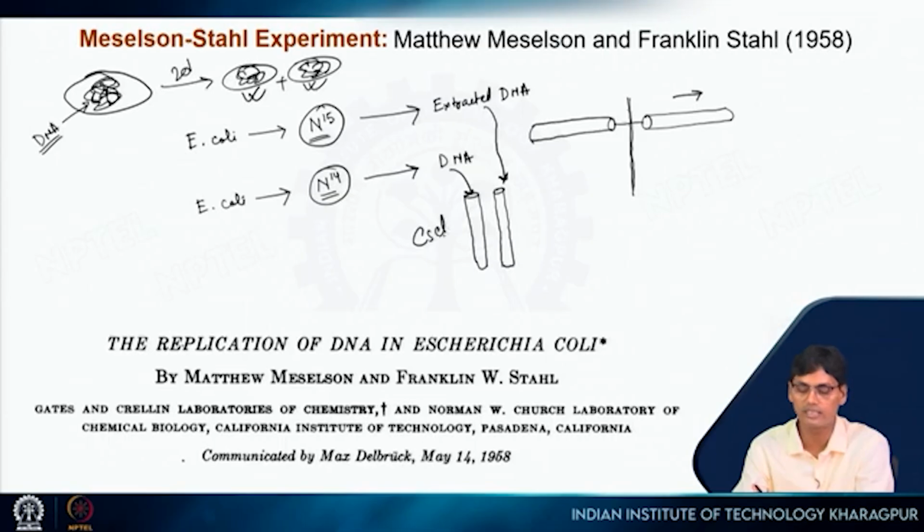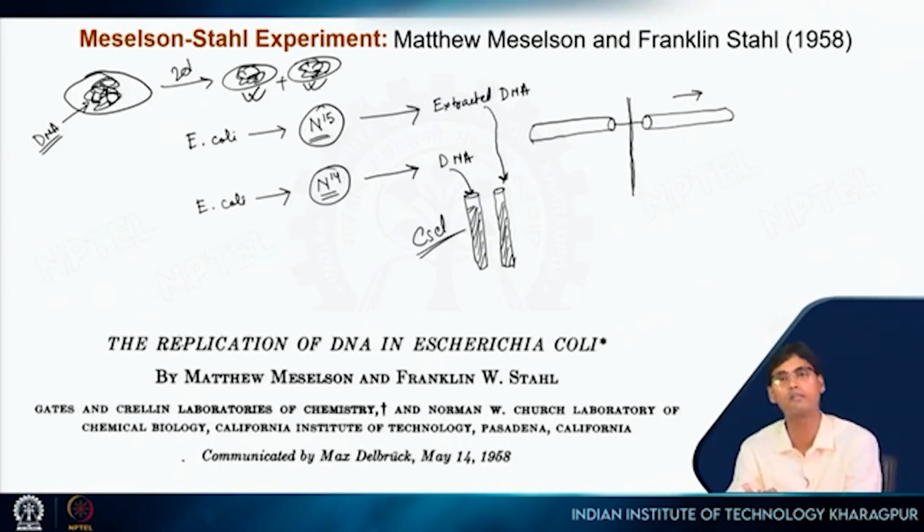They particularly used cesium chloride during this experiment, but many other things can be used. So very highly dense cesium chloride they have in this tube. And now they loaded this DNA which was extracted either from N15 or N14. And then they started this centrifugation for a long time.